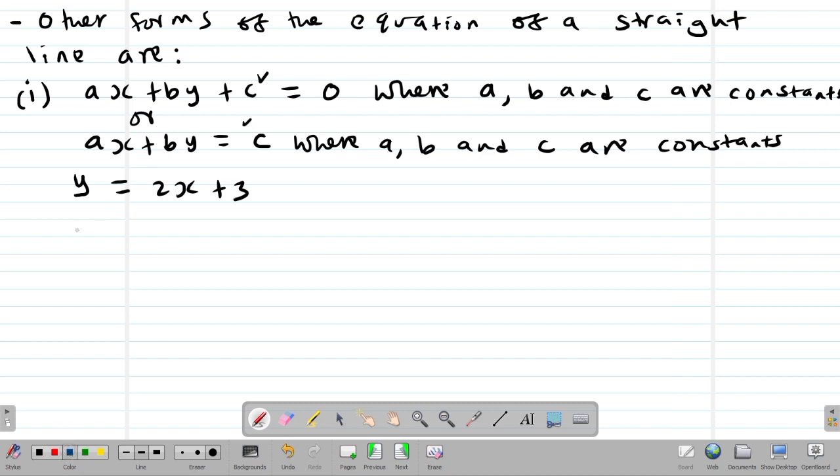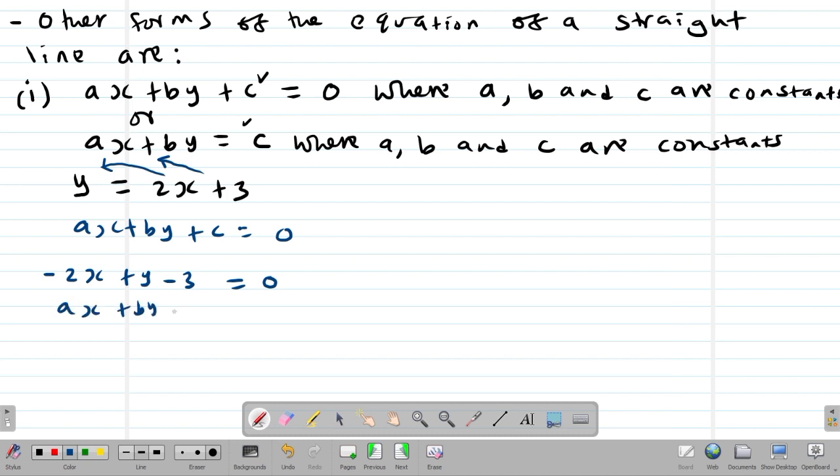For us to achieve that, for example, to change it into the form ax + by + c = 0, we are going to take these values to the left-hand side of the equation, such that we are going to have negative 2x + y - 3 = 0. I've just taken these values to the left-hand side, such that it is in the form ax + by + c = 0.